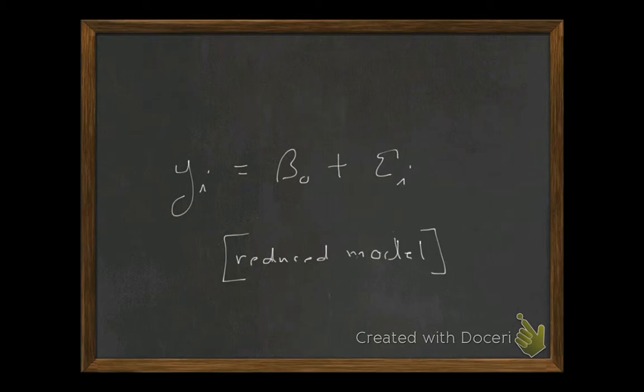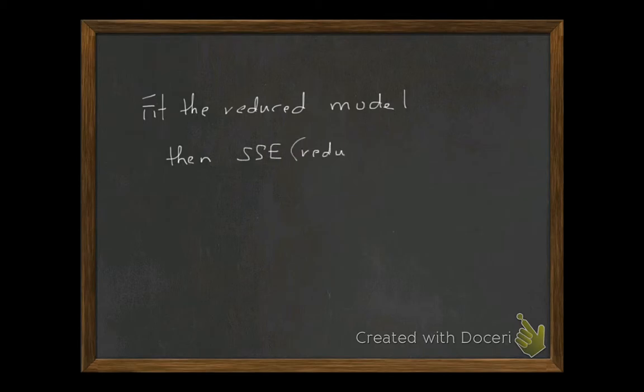Now let's think this through. If we fit the reduced model, and you should know me by now enough that the pen skipping drives me crazy, but anyway, if we fit the reduced model, just like for the full model using maximum likelihood estimation or method of least squares, then the sum of squares for the error, or the error sum of squares, for the reduced model will look like what?